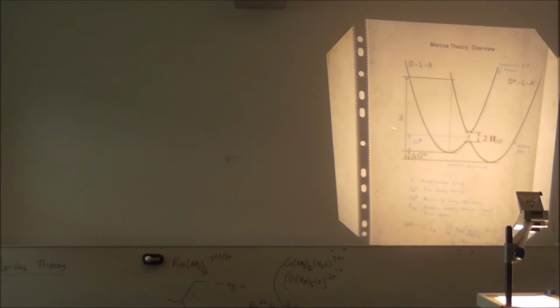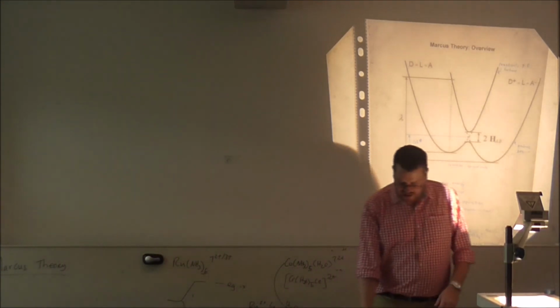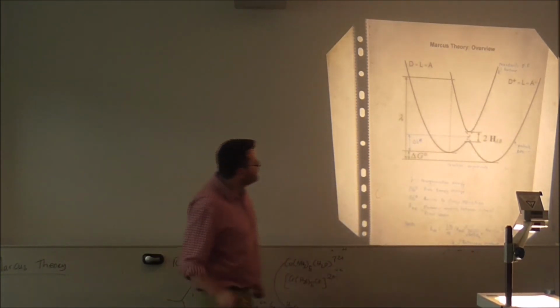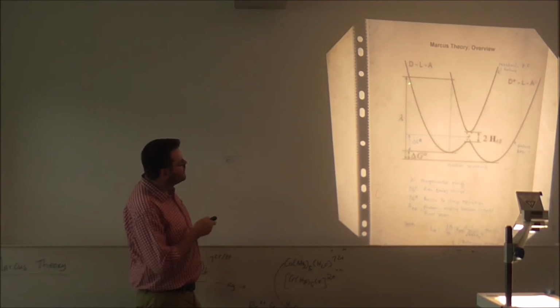We encountered this term lambda earlier. What is lambda? Reorganization energy, yes. That's the beauty of Marcus theory, you can immediately infer the reorganization energy, which essentially runs from the bottom of this free energy well, of this Morse curve here, to where it intersects with the reactant curve there.